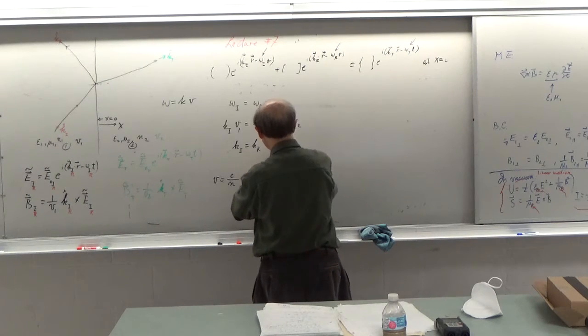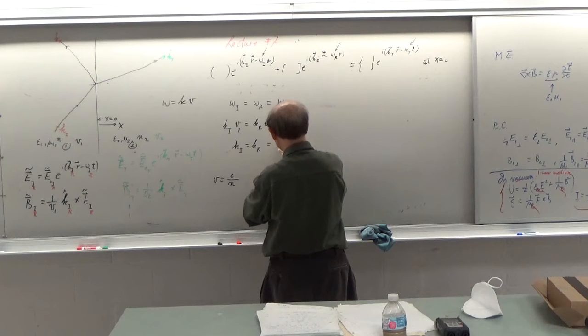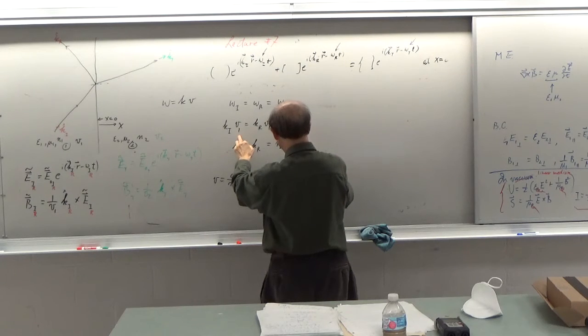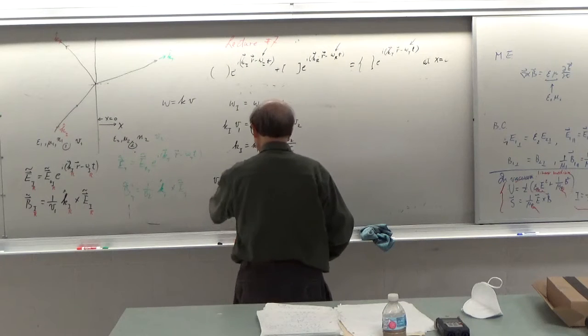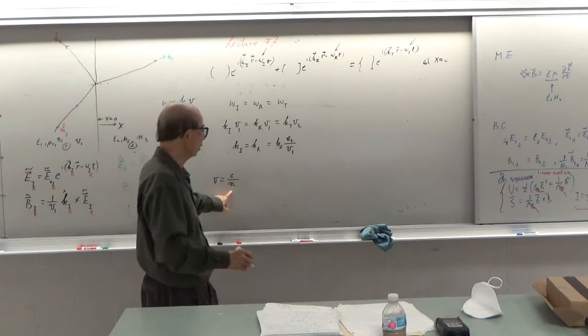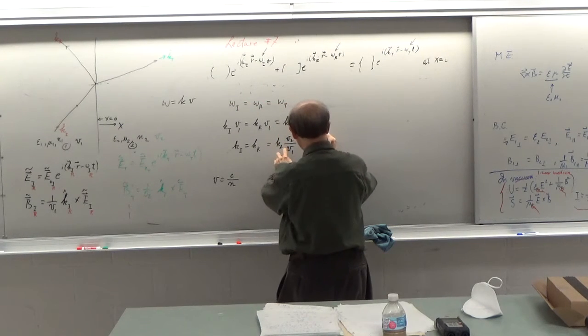And it's related to k_t by a factor v2 divided by v1. Since the speed of propagation is inversely proportional to the index of refraction, this is also equal to k_t n1 over n2.